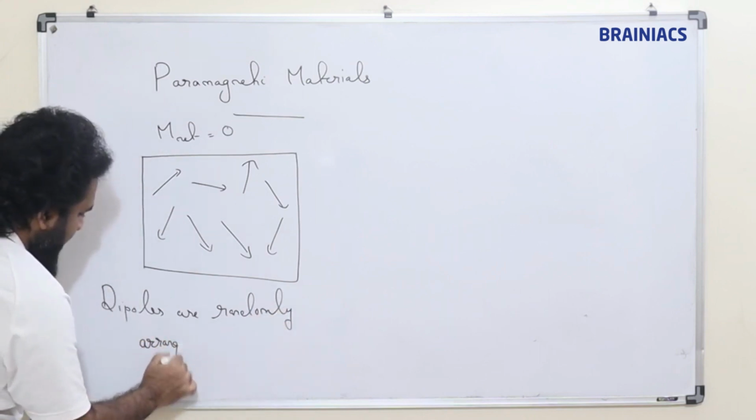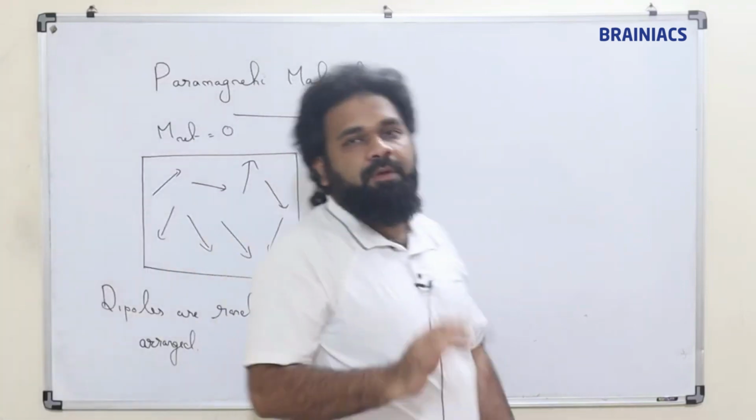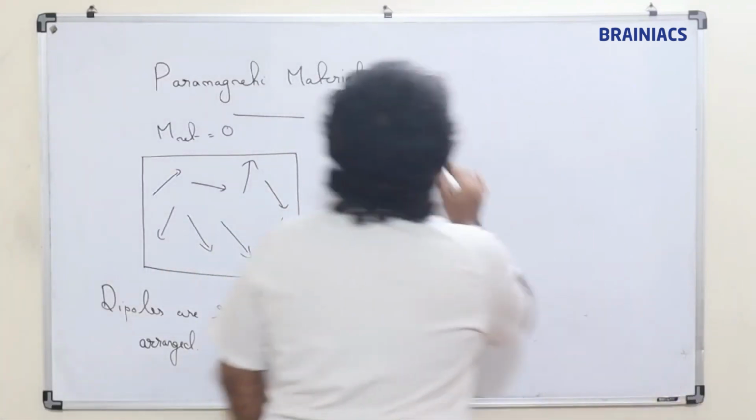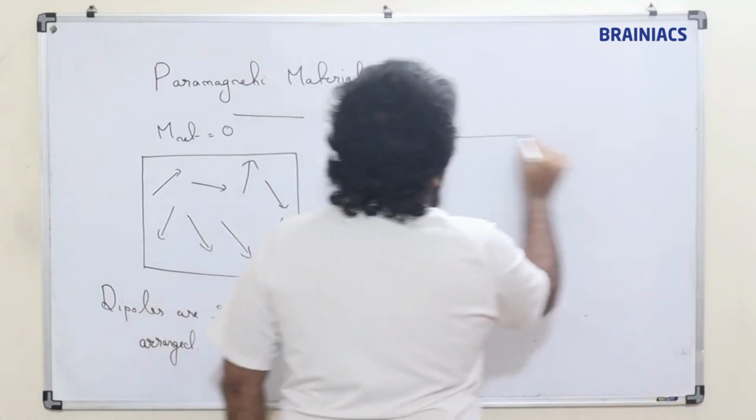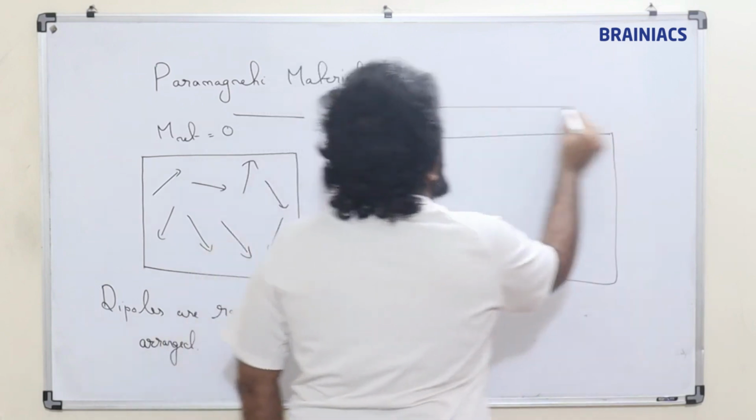Dipoles are randomly arranged, so the net magnetic dipole moment is 0. Now what happens if we apply magnetizing field intensity H?